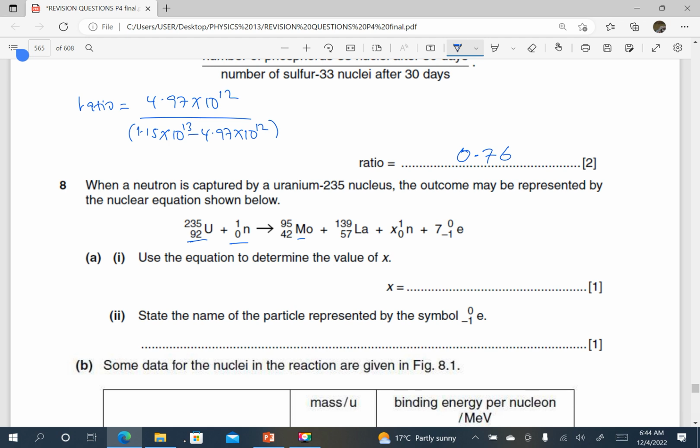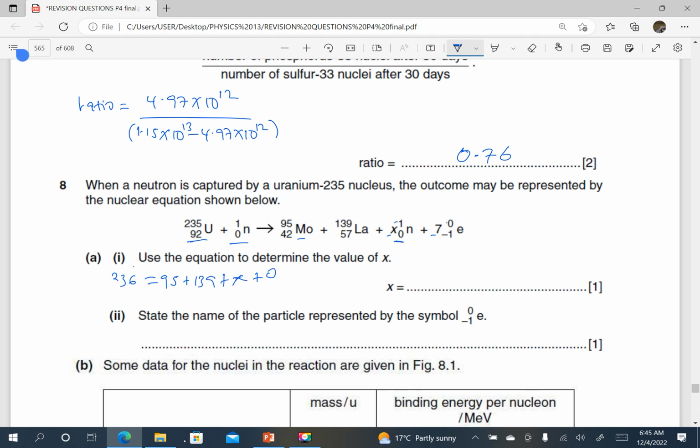So just try to balance. We check the proton number. Of course, I can't find X using the proton number because at the bottom of the neutron this will be 0, so X will be useless. But I will use the nucleon number. So we have 235 plus 1, that is 236, should be equal to 95 on the right, plus 139 on the right, plus X, because we multiply X by this one here, so that will be X, then plus 7 times 0, that is 0.